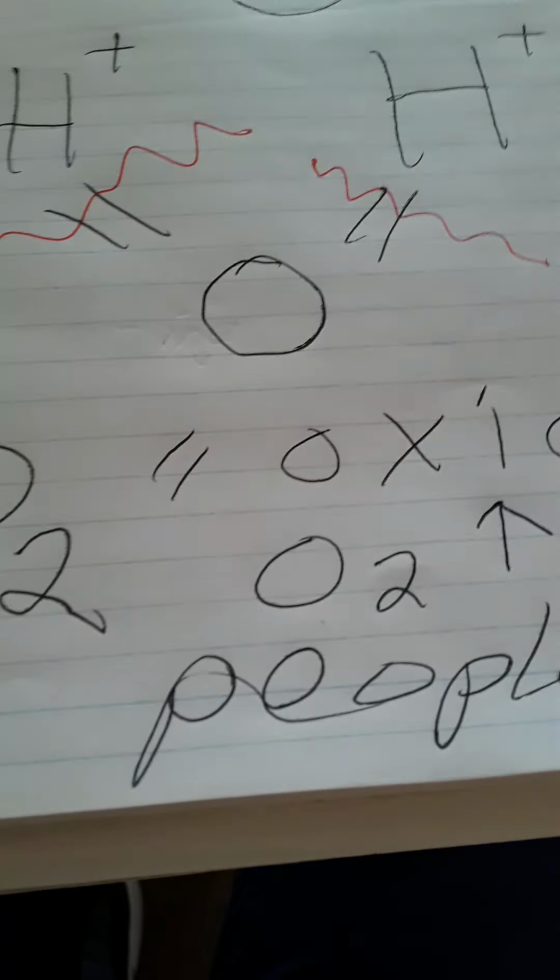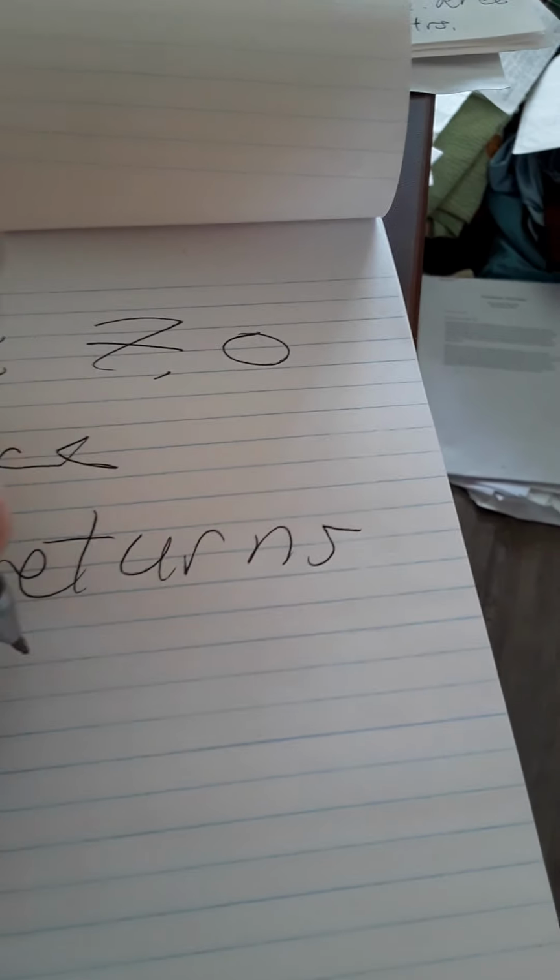It is important to know a human's bloodstream is to be maintained at a pH balance of around 7.0. In homeostasis, blood returns to 7.0 neutral.